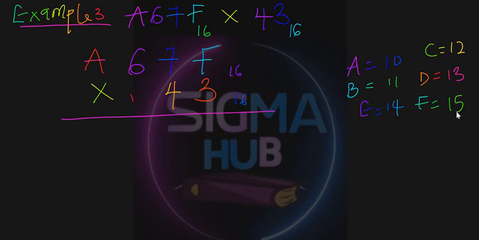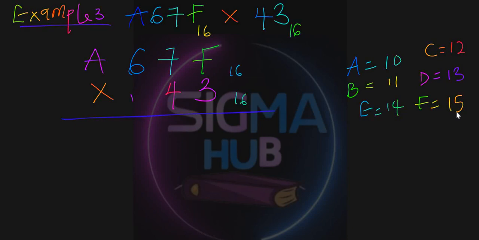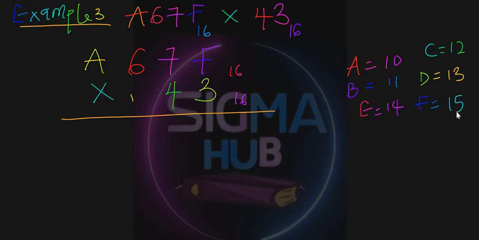So 3 times F means 3 times 15, and 3 times 15 is 45. Of course, I cannot write 45 in base 16. I have to divide by 16.